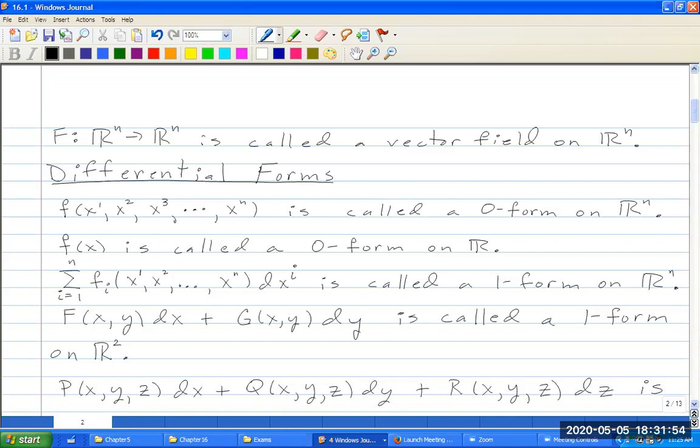Usually, we want these to have nice properties, so we'll usually assume that they have continuous partial derivatives up to whatever order we wish, so basically arbitrarily large continuous partial derivatives.